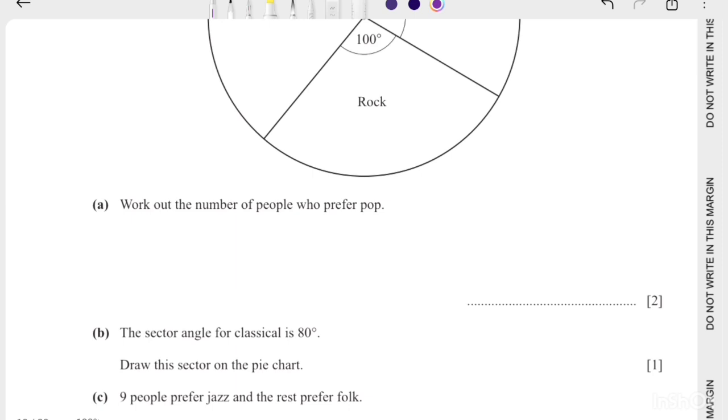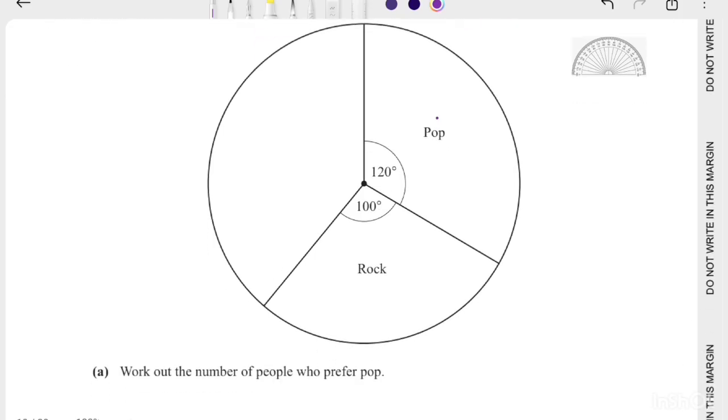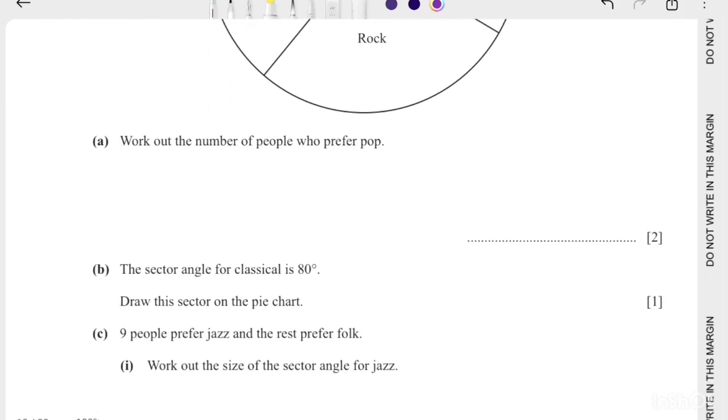So we have seen in the above information that the total number of people is 90. So we can write here that 90 people represents 360 degrees, as there are 360 degrees in a pie chart.